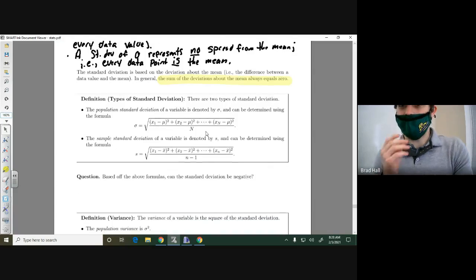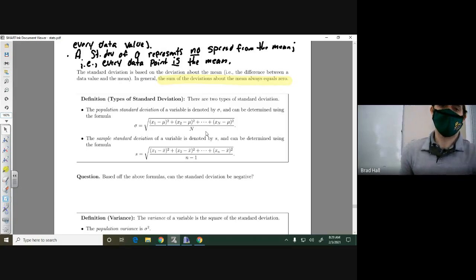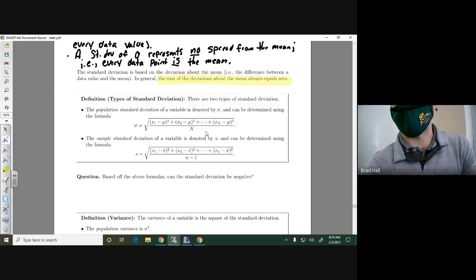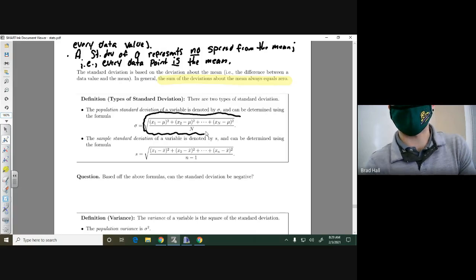I do want to ask another question though. Based off of these two formulas, do you think the standard deviation can be negative? You put all of this into the calculator or whatever the case may be, and then you get an answer.